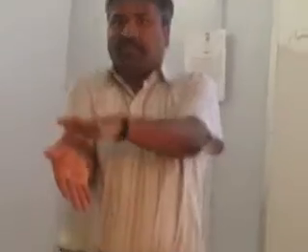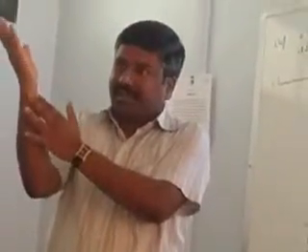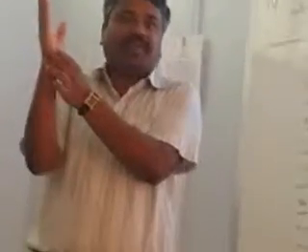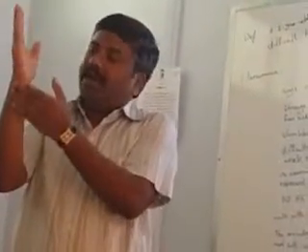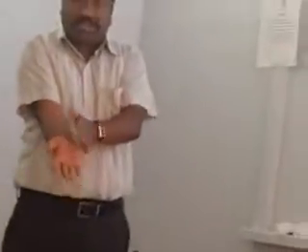So here also you have the radial collateral ligament on the thumb side and the ulnar collateral ligament on the little finger side. Clear? Two important ligaments of the wrist joint: the radial collateral and ulnar collateral ligaments. Other than that, you have anterior ligaments and posterior ligaments.